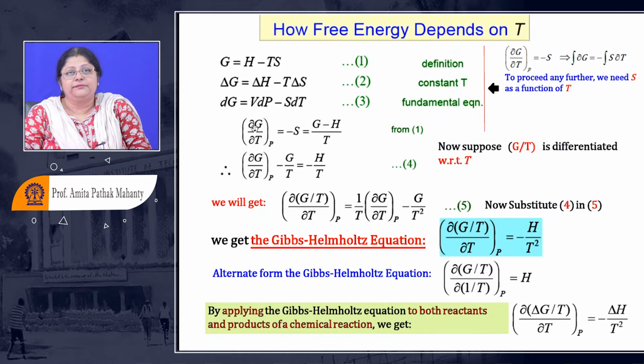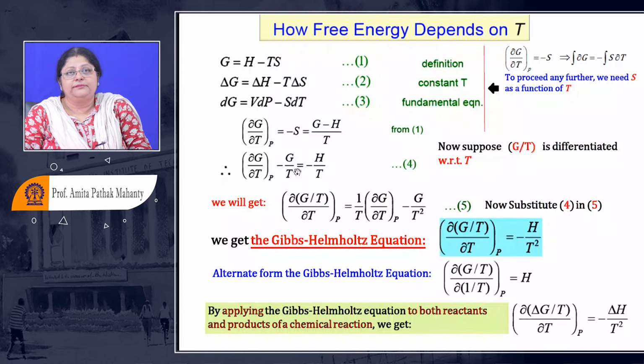From here you can make out that constant pressure means the VdP term is going to vanish, so it's going to be minus S. So if I consider the two equations, one is the definition of G and another is from the fundamental equation of G, and I combine these two in terms of the minus S parameter, then I can equate them. So I get the equation: the derivative of G with respect to T at constant pressure is equal to G minus H by T, right? Now you simplify this.